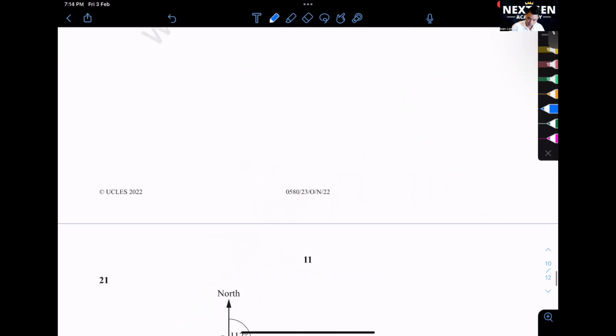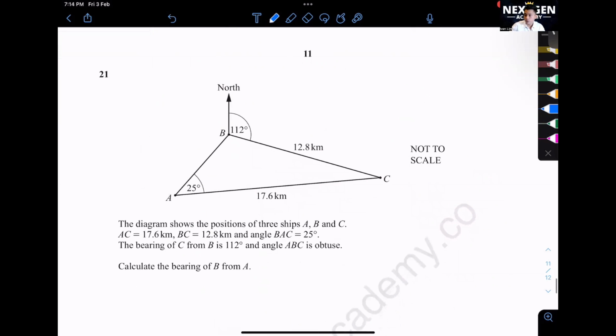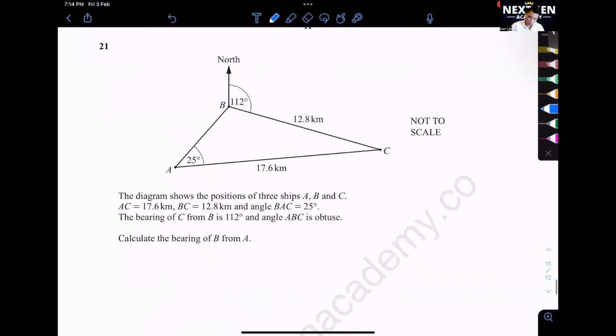Okay, next one. 2 more. Question 21. The diagram shows the position of 3 ships A, B, and C. AC is 17.6, BC is 12.8, angle BAC is 25 degrees. The bearing of C from B is 112 degrees and angle ABC is obtuse.